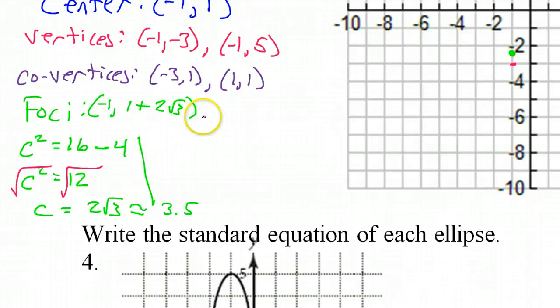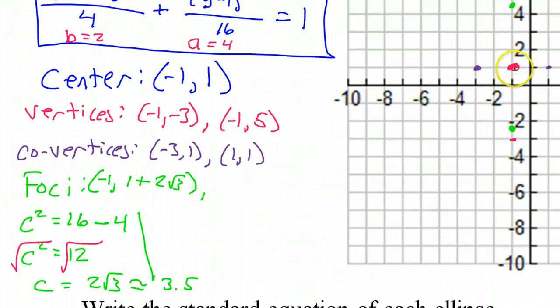So that's one focus. Let's do the other one. Once again, we start from a level of 1, but this time we're going down c. So it's going to be the same thing, starting with an x value of -1, still left 1.